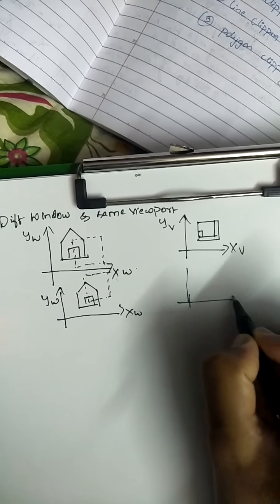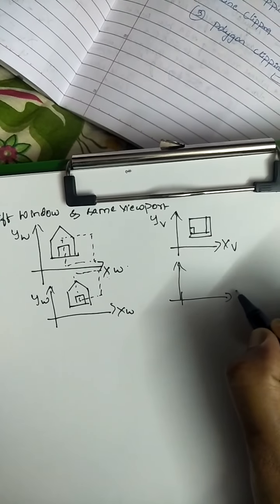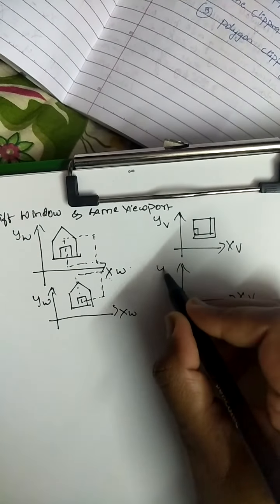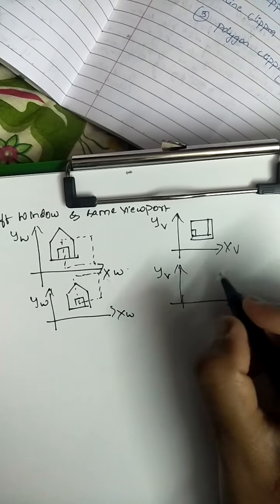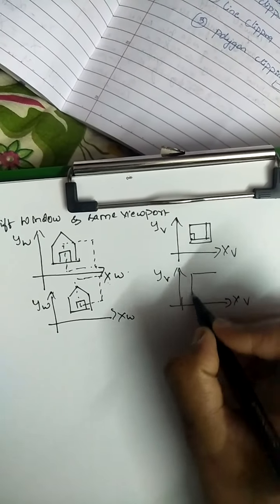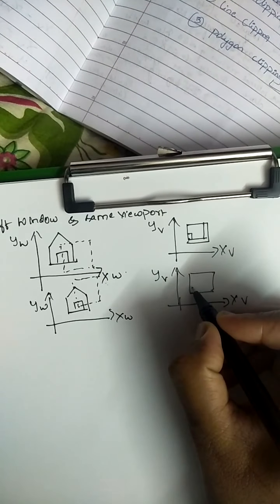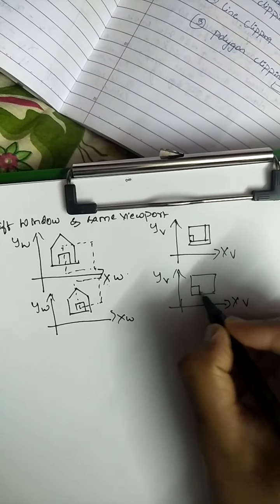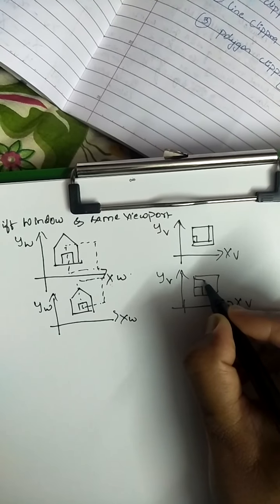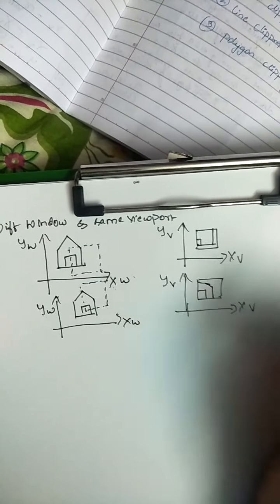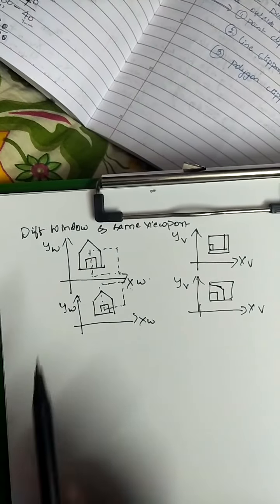In the viewport, so if this is my viewport, what gets displayed? So this gets displayed.